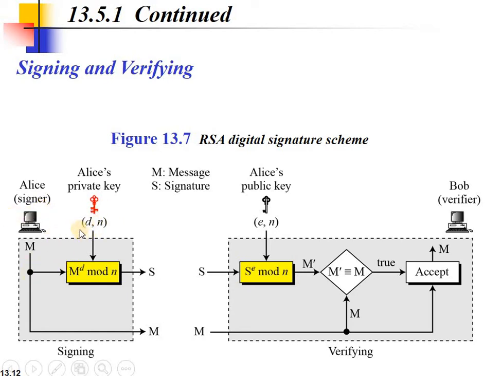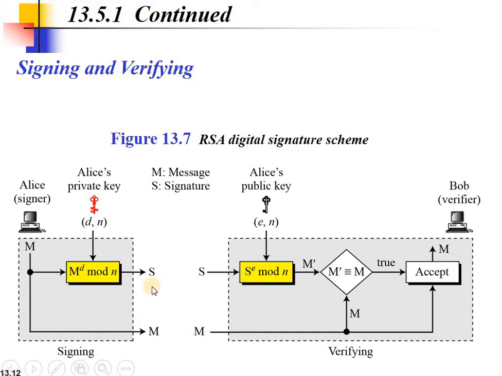Because Alice wants to create a digital signature, she has to use her own private key. The private key is D and the message is M. So what will be the equation? The equation is M to the power D mod N, and after applying this equation, your signature is created, and along with this signature, the message always goes along in the communication medium.